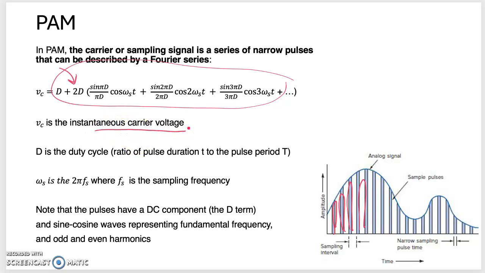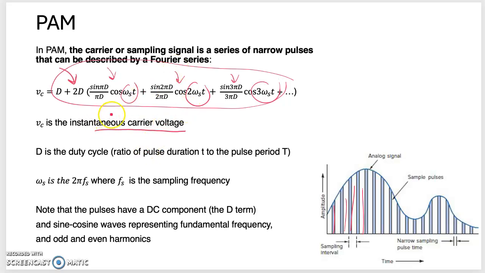When we multiply the analog signal with a carrier voltage, what we will get is a series of narrow pulses shown down here, right? We will get these pulses because they are at fixed intervals. So you have DC, and then it's omega s, and then it's at 2 omega s, and then it's at 3 omega s.